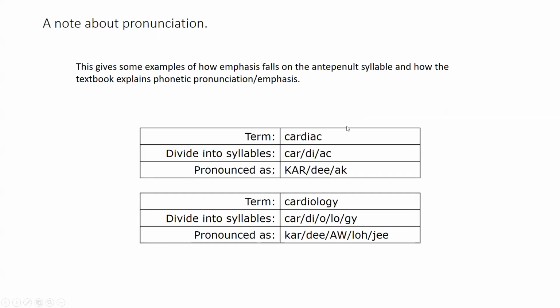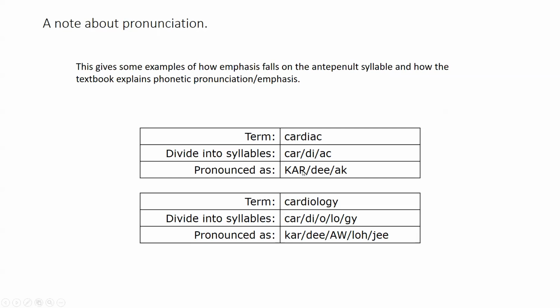So if you look at the term cardiac, you're probably familiar, you've heard that word a lot. Break it into syllables, and there's the ultima, penult, and the antepenult. In your textbook, it will capitalize the syllable that gets the emphasis.